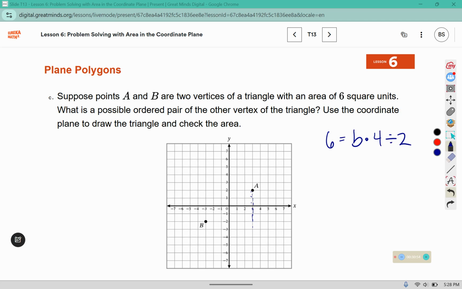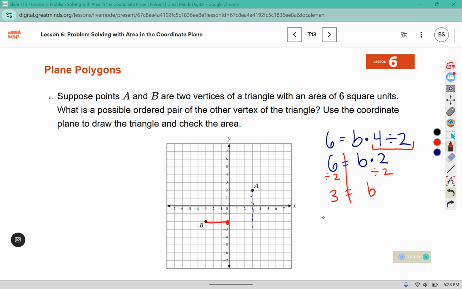Well, 4 divided by 2 is 2, so this is 6 equals the base times 2, because this piece is equal to 2. To undo multiplying by 2, I divide by 2 on both sides of the equation. That leaves me with b, and 6 divided by 2 is 3. So I need a base that is 3 wide.